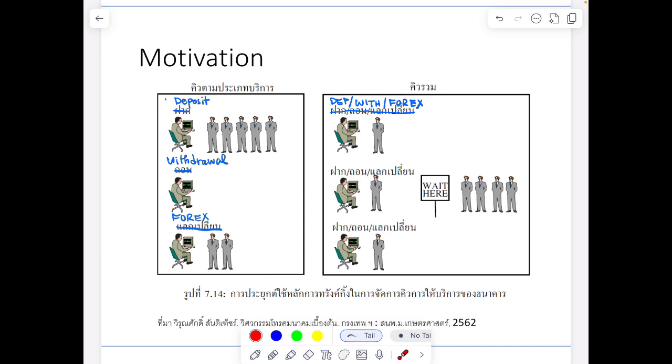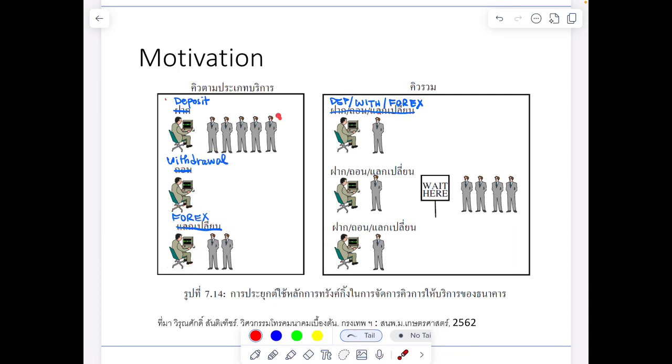So let's look at the first way of managing customers. There are three staff that handle the cash transactions. One person handles deposit, the second staff handles withdrawal, and the third one handles foreign exchange.